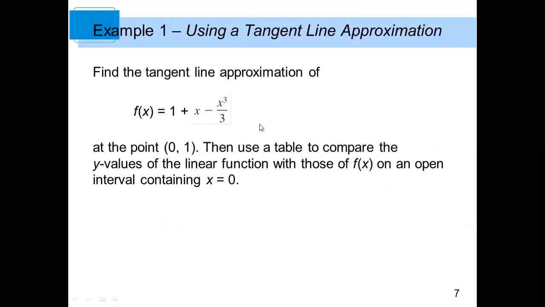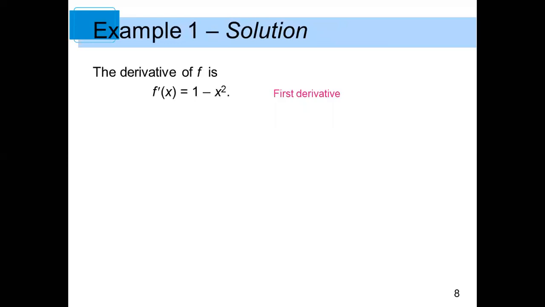So find the tangent approximation of 1 plus x minus x cubed over 3 at the point (0, 1). Then use a table to compare the y values of the linear function with those of f of x on an open interval containing 0. So the first derivative is 1 minus x squared.